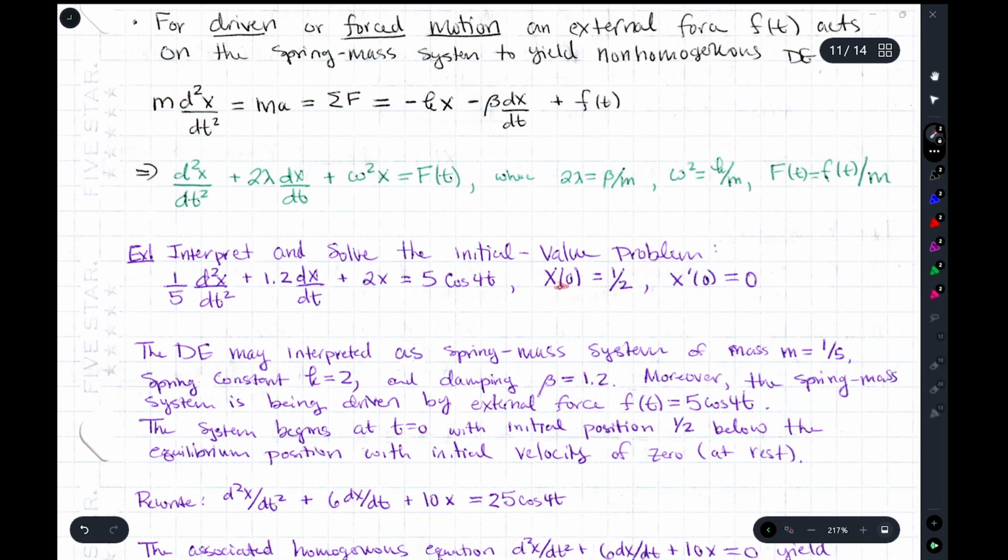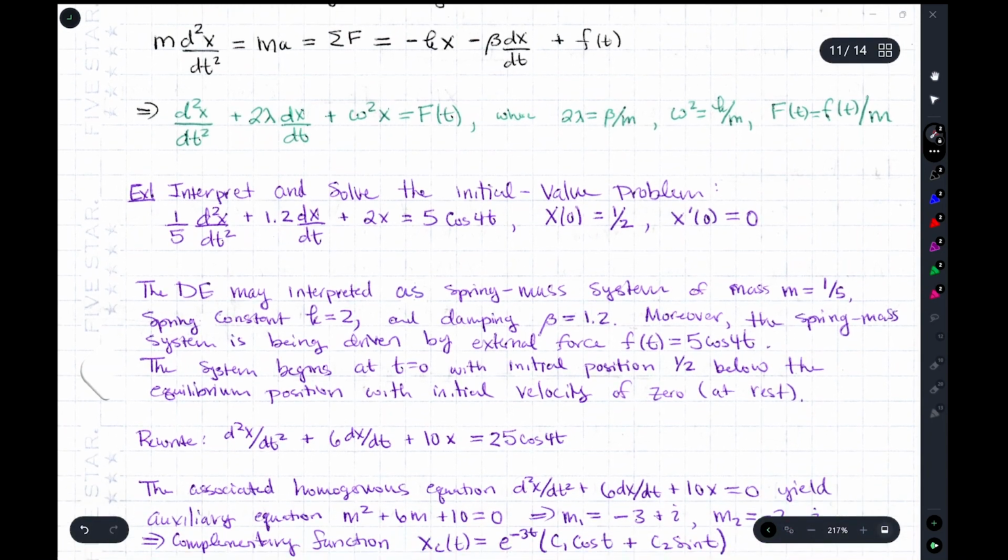We consider the system starting at t equals 0 because that's where our initial conditions are. And positive 1/2 corresponds to below the equilibrium position, with the initial velocity of 0 at rest. So the system starts at rest, 1/2 unit measure of length below the equilibrium position.